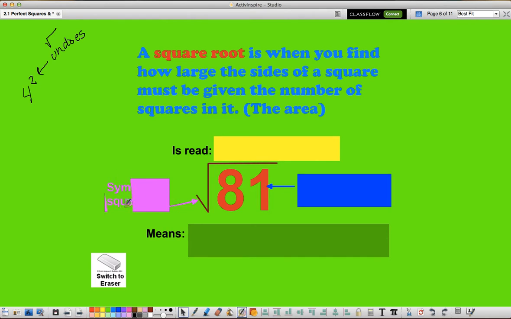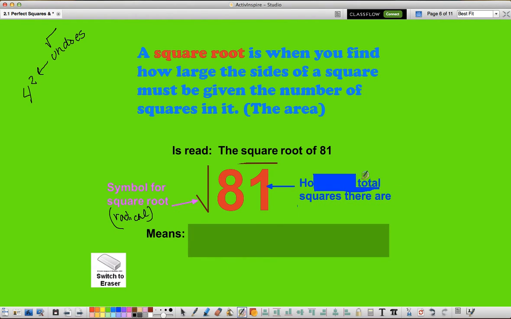Okay, so again, this is the symbol for square root. It's called the radical symbol. And you read this by saying the square root of 81.